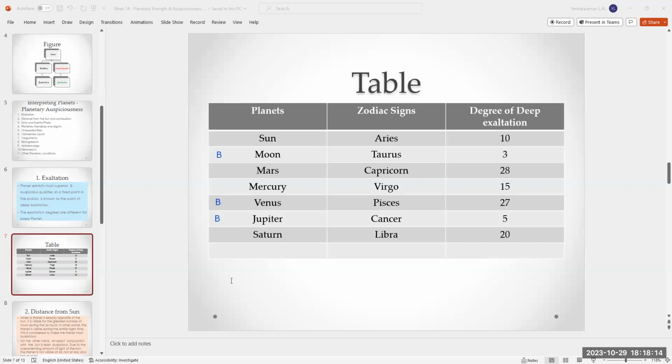What about the others? Mercury, is it benefic or malefic? Malefic. You said malefic? No, Mercury is generally considered benefic. But it will support Saturn and Mars, whichever it is.